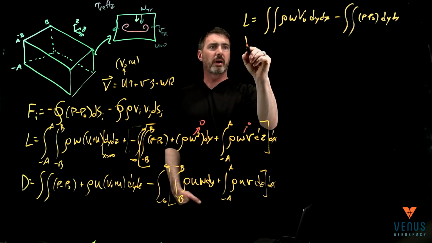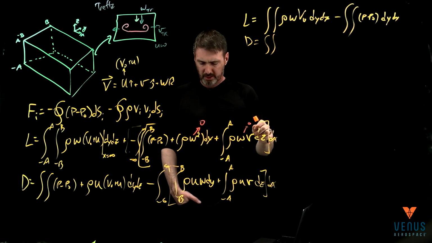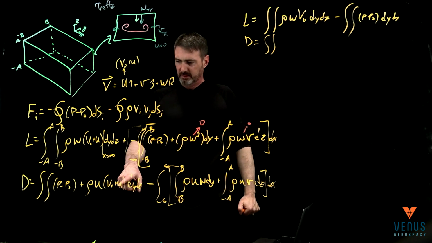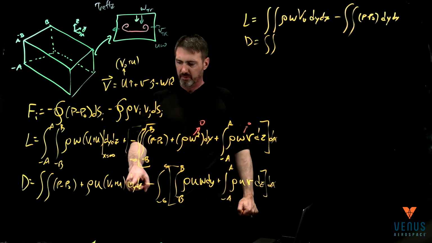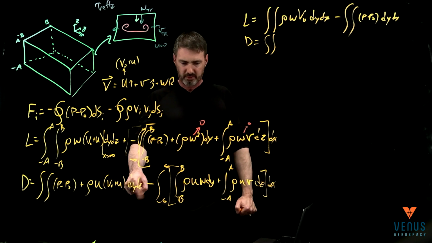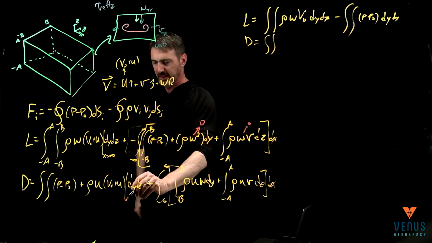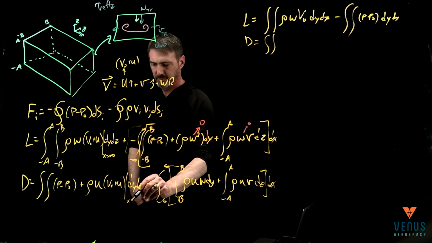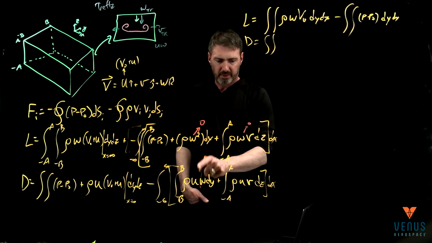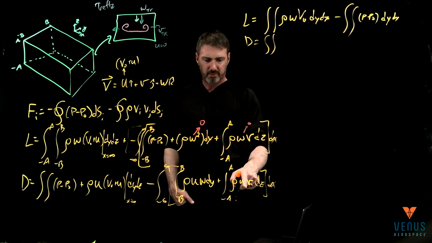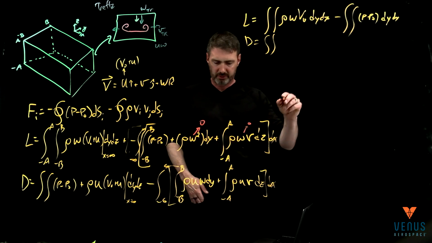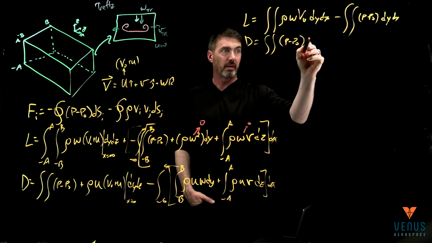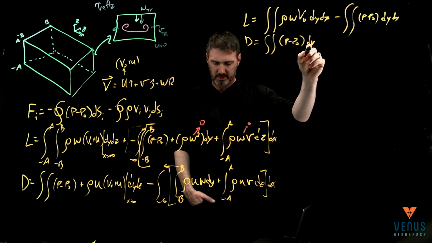And then we'll write down the drag. So same thing, double integral. And basically the only thing that survives in this drag term, because all of these were 0, right? Because again, this is at the exit plane. That's 0, and that's 0. And so the only thing that survived is that pressure term. And so this is P minus P0, and then dy dz.